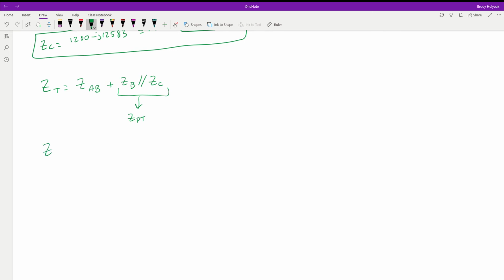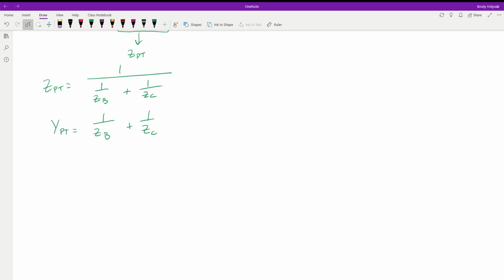So to find Z parallel total, we use the reciprocal method again, 1 over ZB plus 1 over ZC. Now we're going to solve this just like we did before. We're going to take the reciprocal of both sides to simplify this equation down. So we end up with the admittance of our parallel total is equal to 1 over ZB plus 1 over ZC.